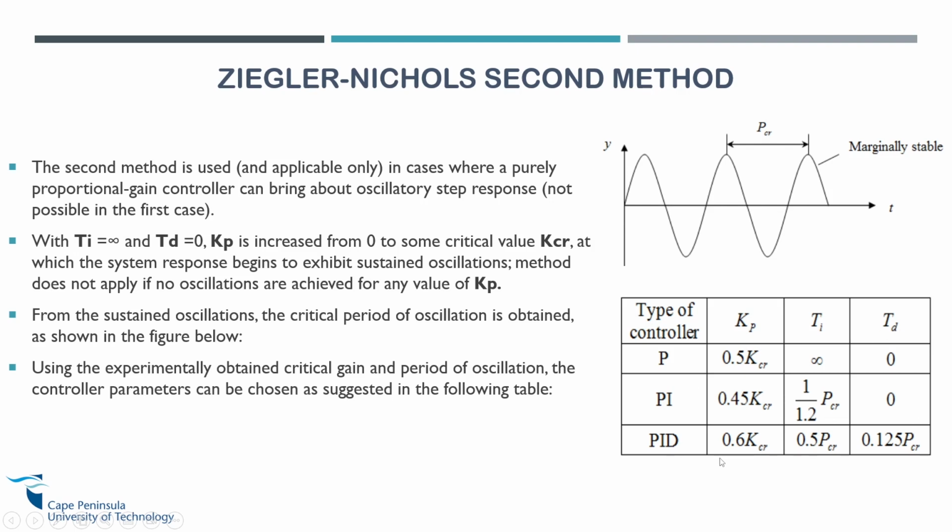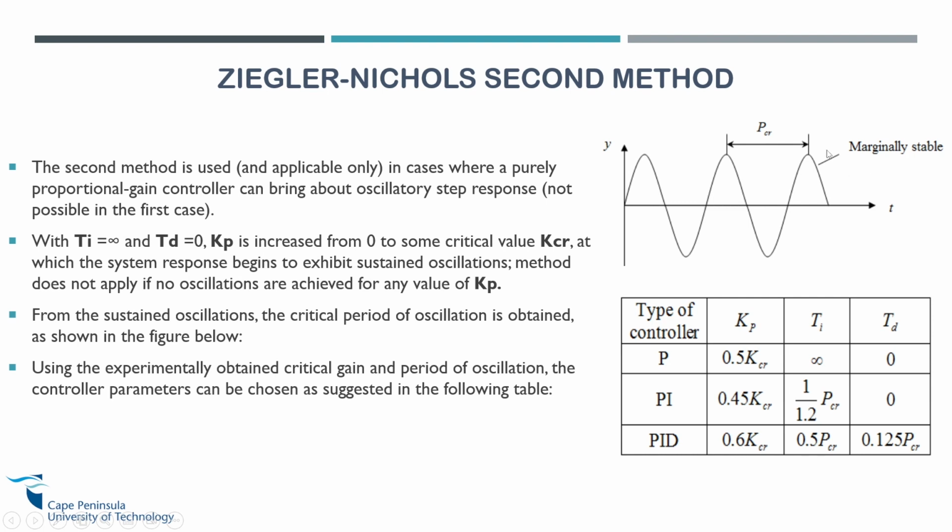This table will assist us to get your KP, your TI, and your TD. A typical example, we have our value here of our PCR or our critical period. If you want to get KP, you multiply by 0.6 because our controller is PID.